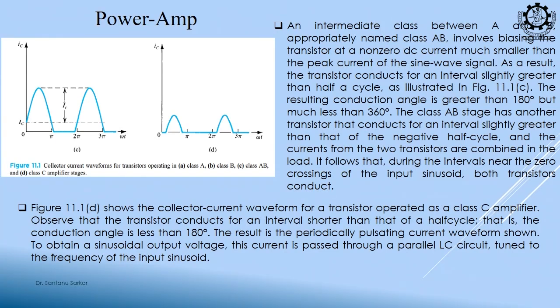So, in class B we saw that there is a problem during the zero crossover. For a small fraction of time both the transistors are off. I need to deliver the current so that the output load voltage looks like that input sine wave. What is my job?